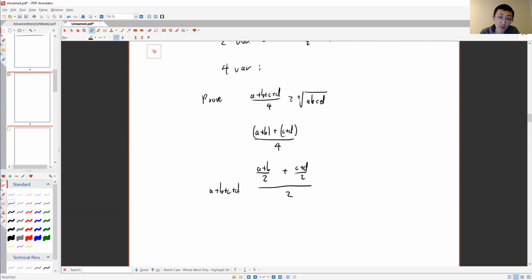All we can use is the 2 variable case, which is equivalent to the trivial inequality, but this is true. I guess you could do it from the trivial inequality, but this is good just to use the 2 variable case. And then if we apply AM-GM to this term, all of these variables are non-negative, then this is bigger than or equal to this, and this part is bigger than or equal to this.